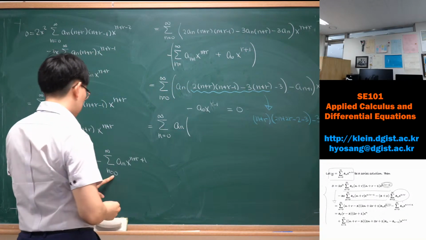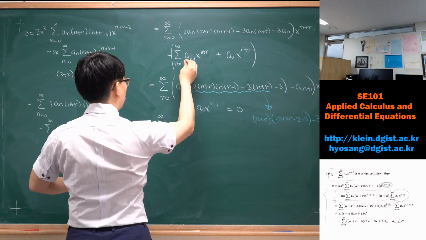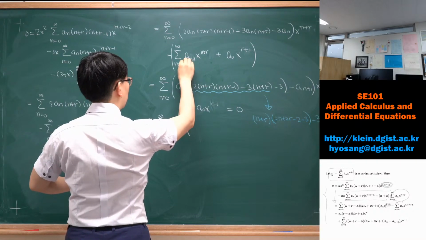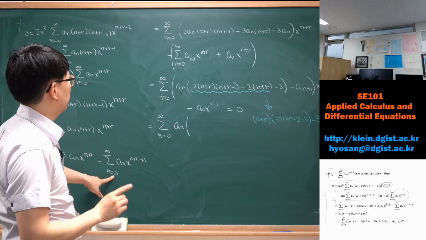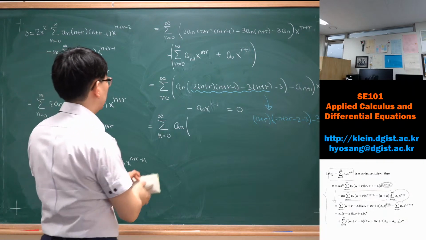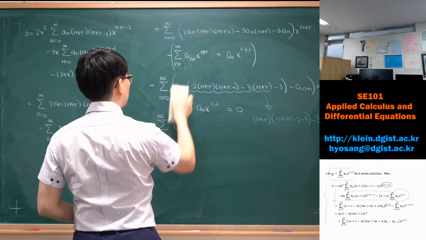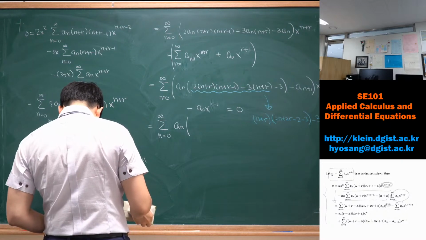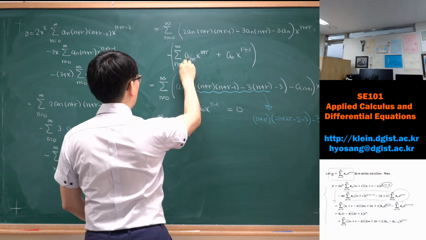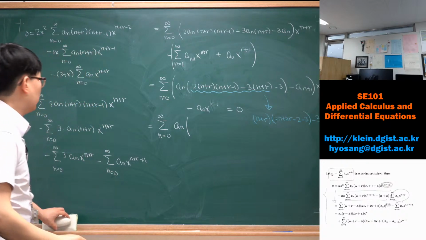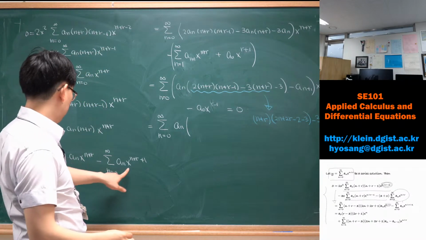So r plus 1. And then now we start from 0? No, it's not from 0. It's n equals 1. So now you start from 1.